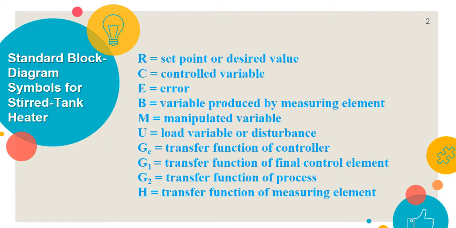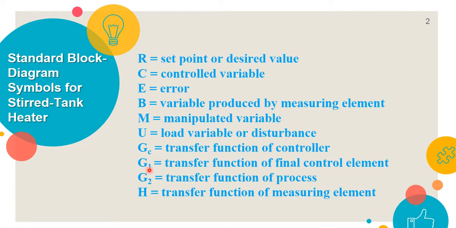Now the manipulated variable is in the form of the flow of the heating medium, and that is through our final control element. Your U represents the load or the input variables that will be disturbed, or they are disturbances that will cause our C, our controlled variable, to change. The G sub C is the transfer function of the controller, represented by the subscript C that you are seeing here.